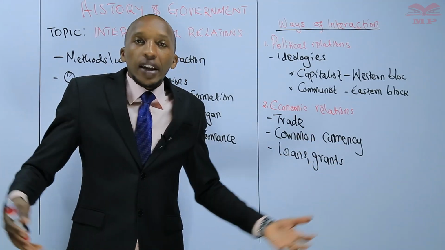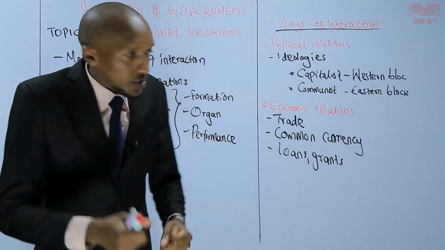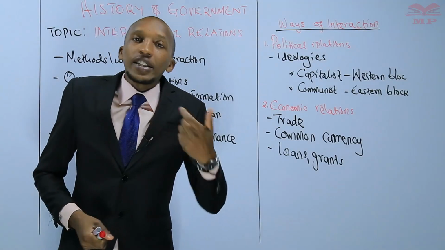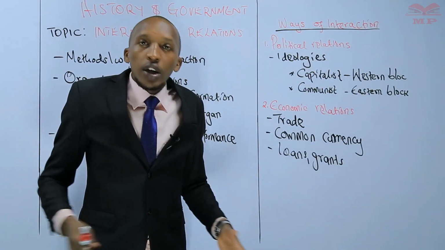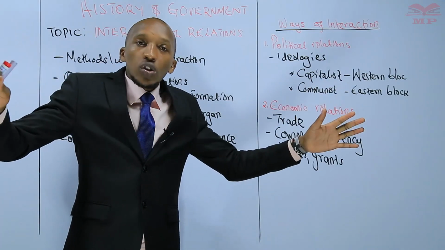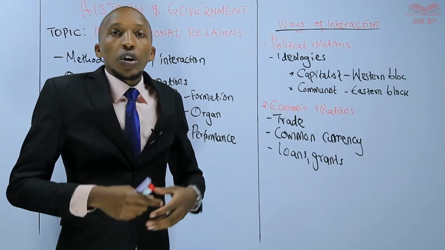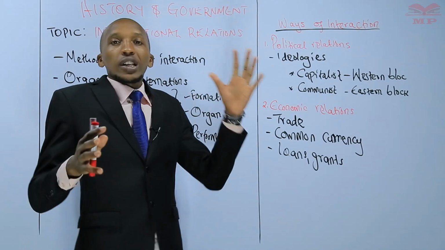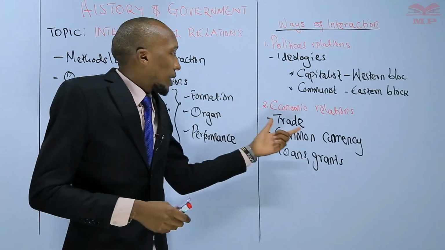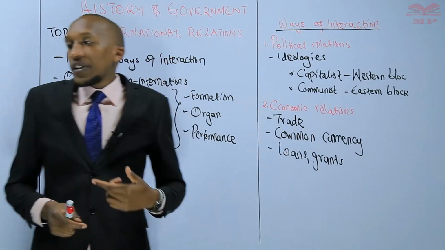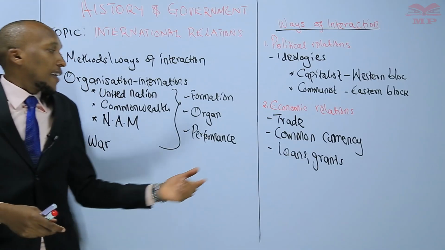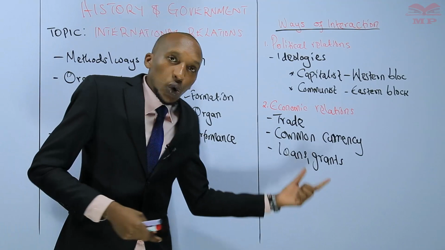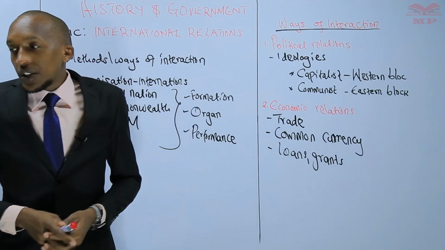So that is another way in which the countries were able to interact. Remember, we are talking of an international organization or international interactions. So countries from different continents were able to interact in terms of trade and even having the same currency, and as I've explained, having the loans and grants given to them.